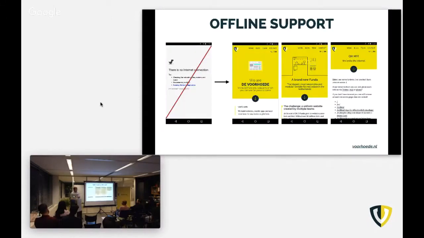So where before we used to have a little dinosaur if we were offline, we killed that one, and we got back an offline working page. In the case of our website, we cache everything that you visited.